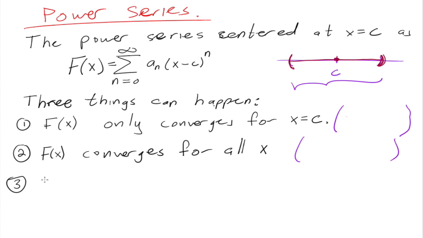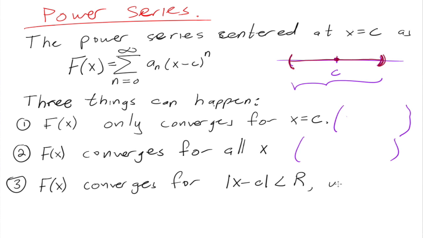And so the last thing that can happen is what I just told you earlier, that f of x converges for |x minus c| less than r, where r is some positive number.